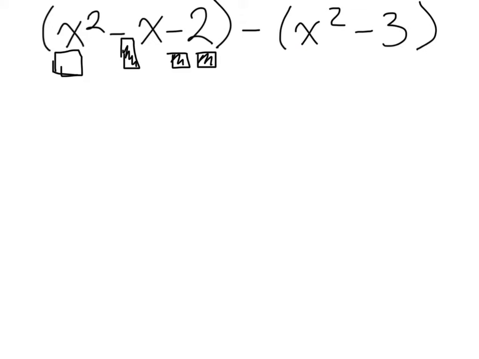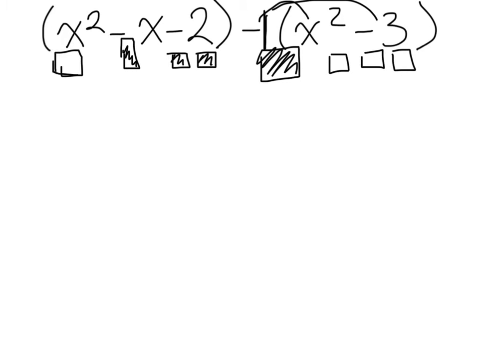And then over here, this is where I've got to use my distributive property. So what's important to keep in mind here is that in front of this set of parentheses, there's actually an invisible 1. So when I multiply that, this is actually going to become negative x squared, so that's going to be one of the larger squares, but negative. And then negative 1 times negative 3 is going to be positive 3.